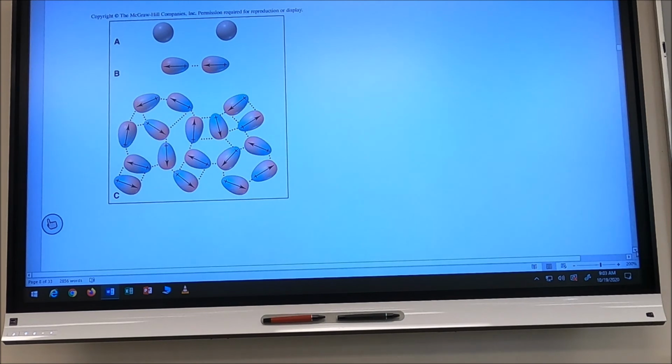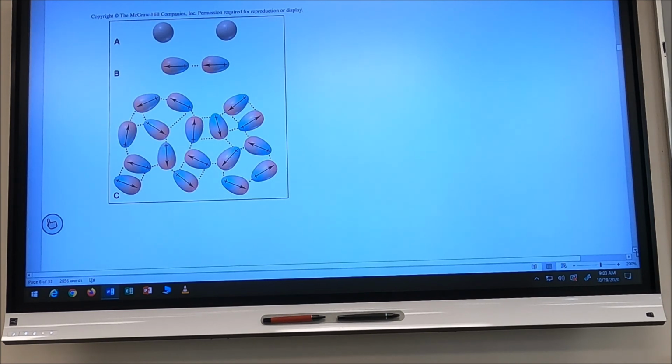The London or dispersion force is the most common intermolecular force at play. All attractions between particles involve some kind of London interaction. So the three interactions we've talked about so far are dipole-dipole, hydrogen bonding, and the London force.